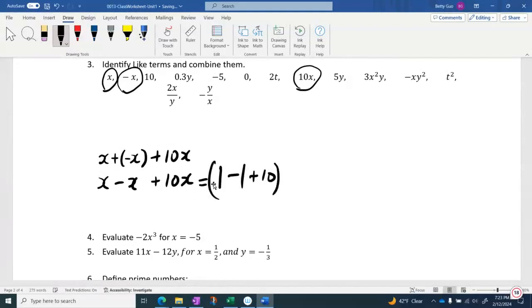Combine those coefficients and keep the variable part. In the parentheses, we have 1 minus 1 plus 10, and 10x. In fact, those two terms are opposites, because they add up to 0.